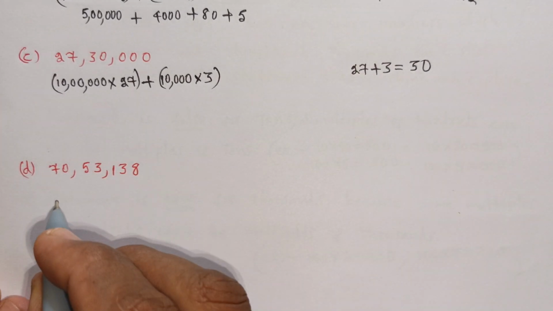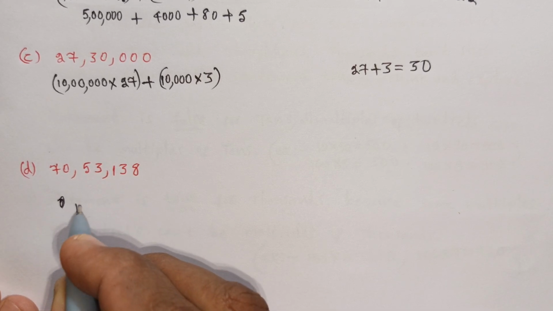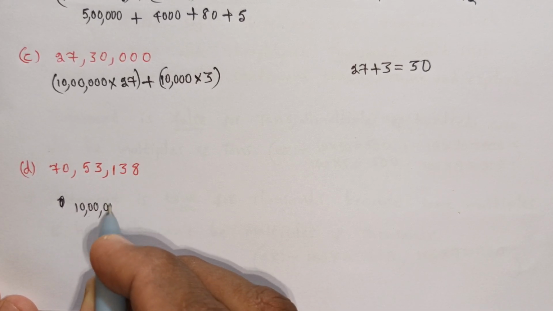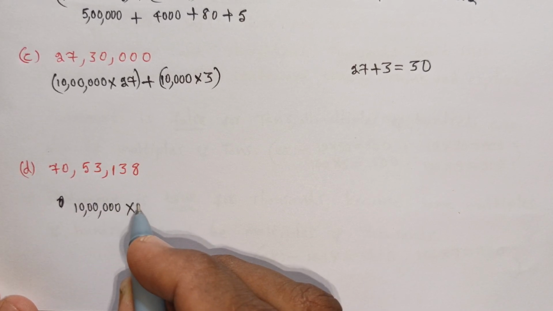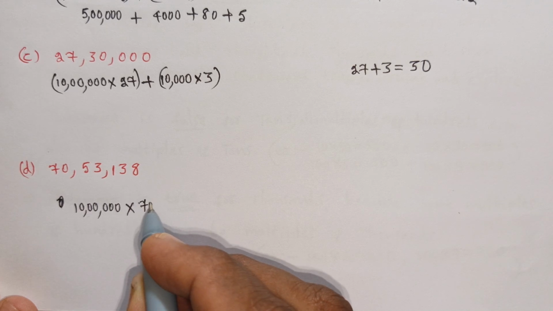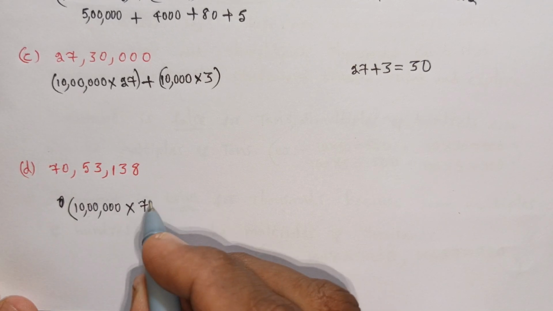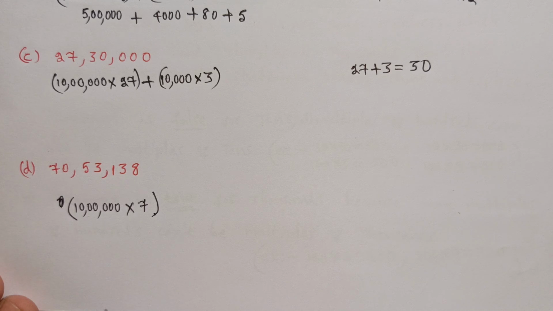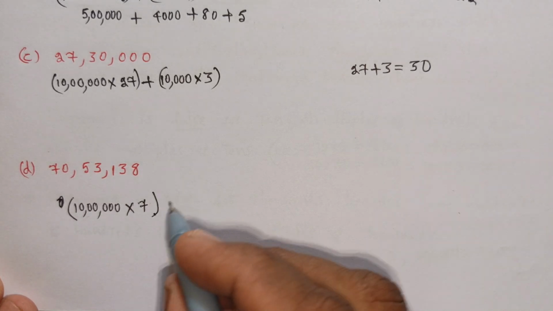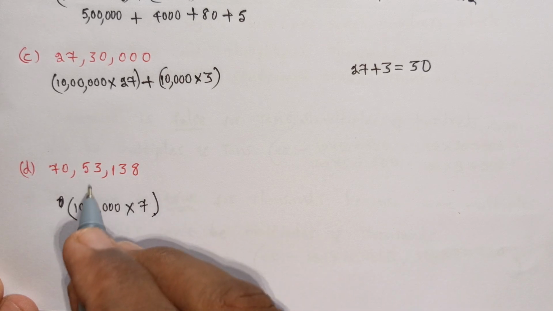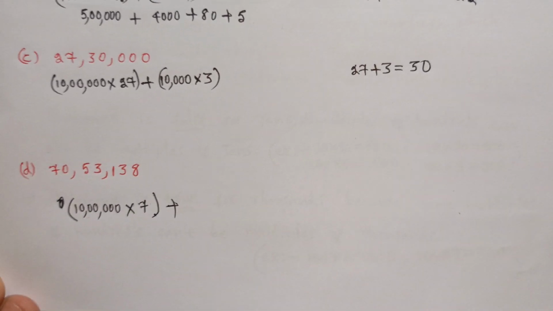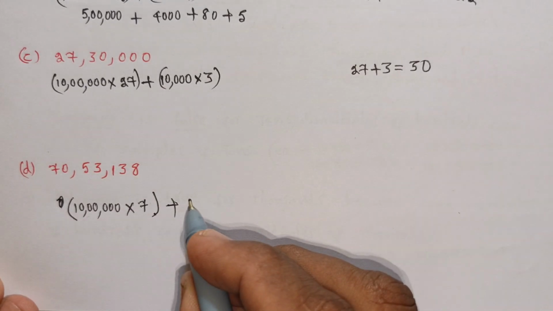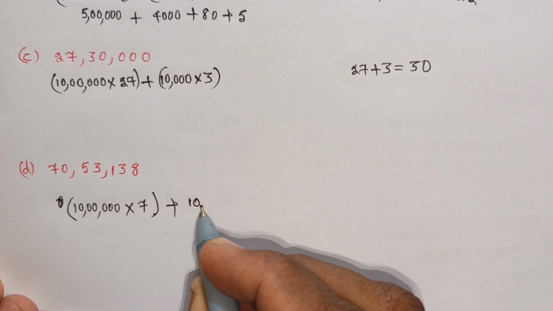Next, D bit, 70,53,138. So here also the 10 lakh button you take and multiply with 7. So you will get the 7 lakh. Sorry, 70 lakh. Then the 10,000 button I am taking.